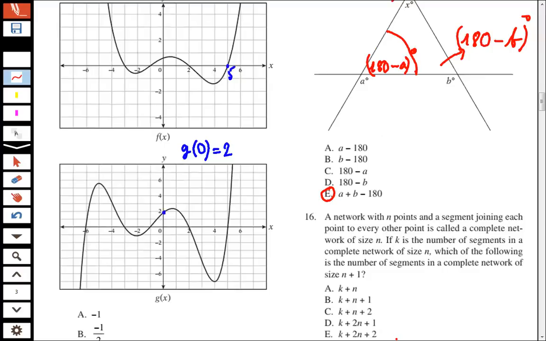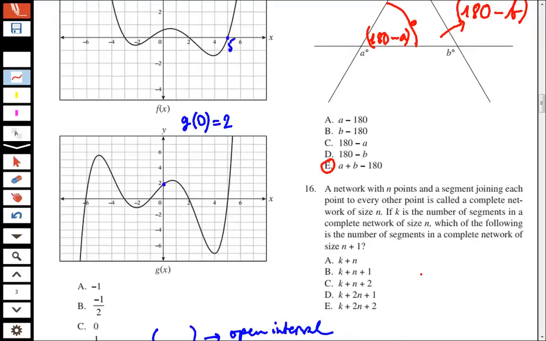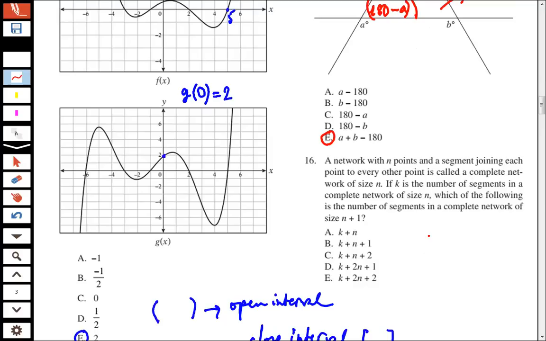And the final question, question number 16. A network with n endpoints and segments joining each point to every other point is called a complete network of size n. For example, a triangle is a complete network of size number 3.